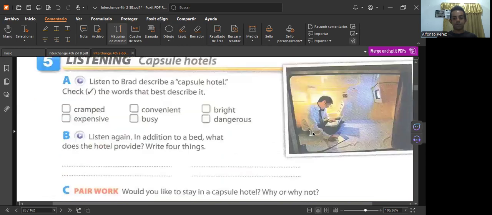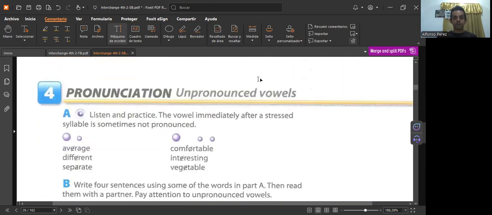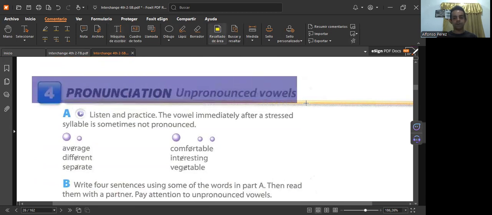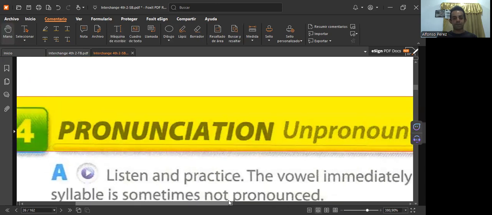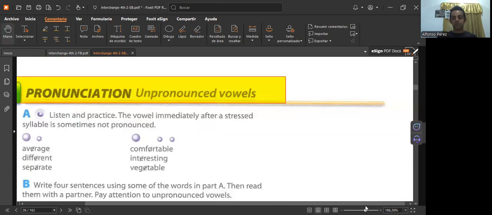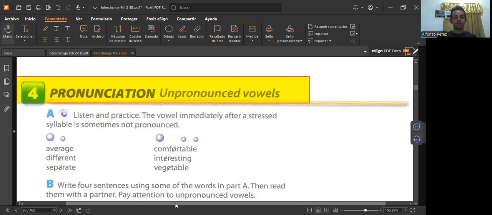Here we have more examples. Let's complete this class with the pronunciation. Let's talk a little bit about unpronounced vowels. What are unpronounced vowels? These are vowels you see but don't pronounce. Let's see the examples here.